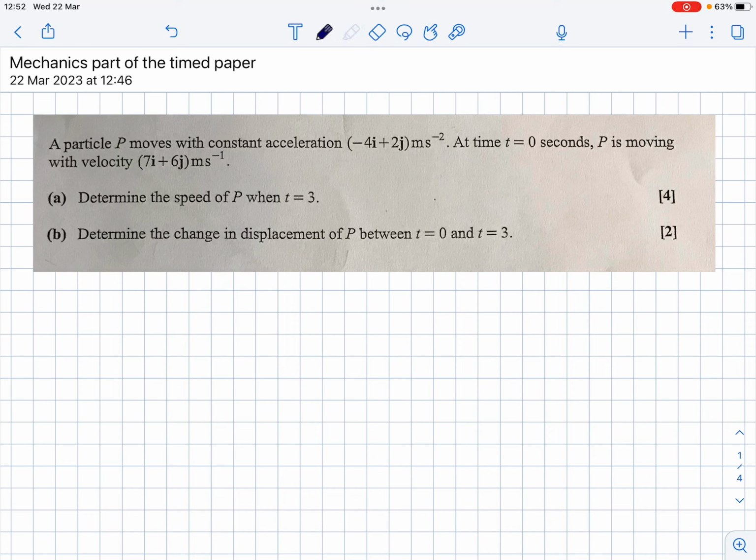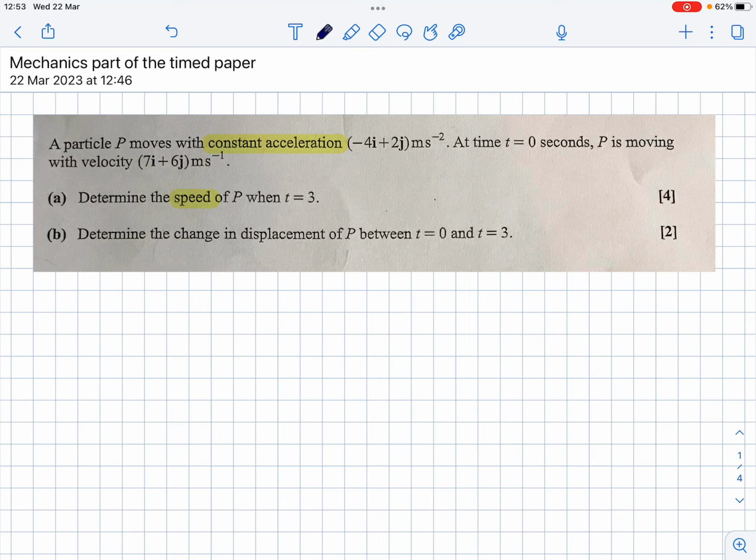First one is we've got constant acceleration, so this is going to be SUVAT. Determine the speed. Well, the speed is the magnitude of the velocity, so I'm going to need to find the velocity first because I'm given the positions, the acceleration and velocity in 2 dimensions.